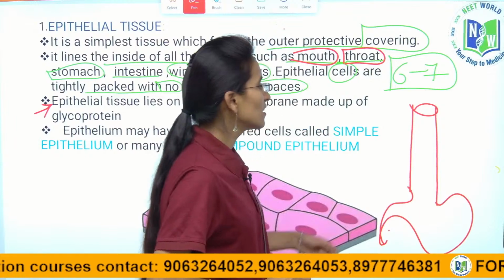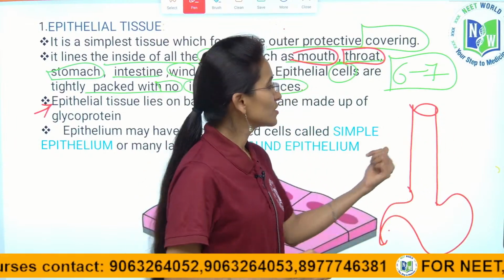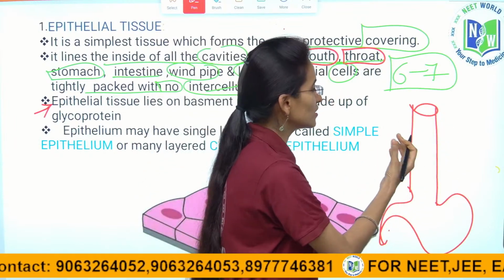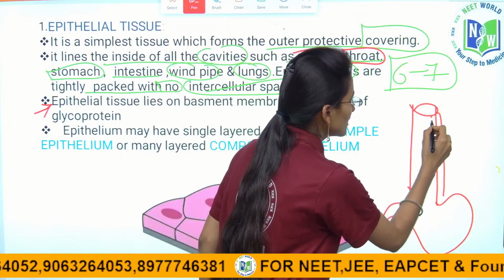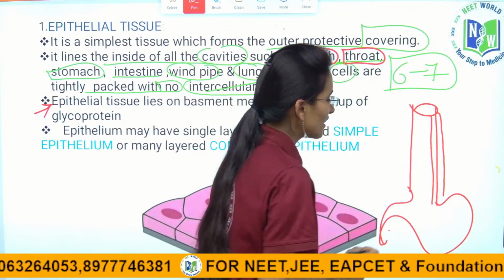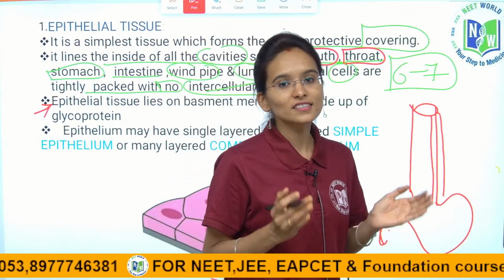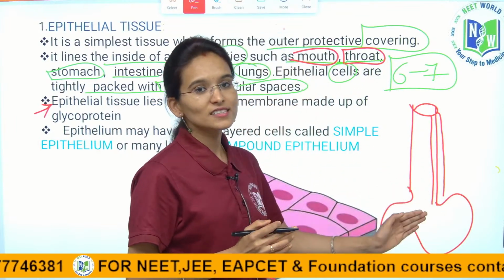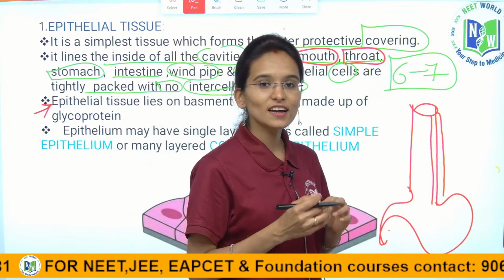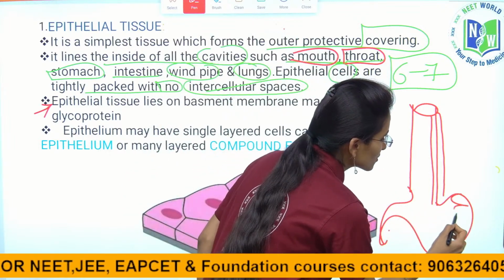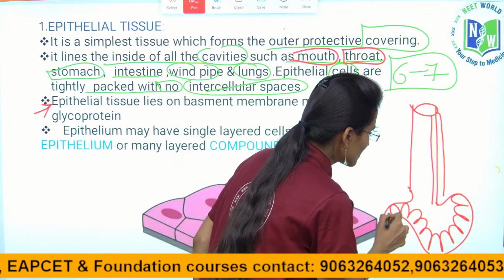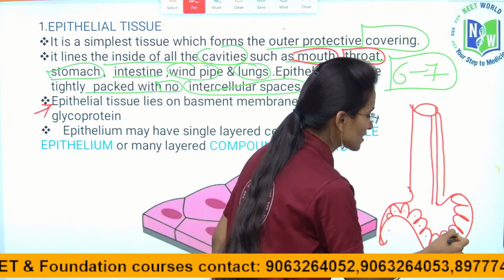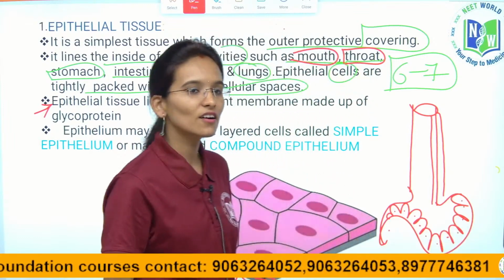Just imagine, this epithelial tissue is going to line the esophagus externally and then internally, and it is also going to cover the stomach. The entire stomach is also protected and covered with this tissue, which will cover internally as well as externally. Hence, we call it the protective tissue or covering tissue.